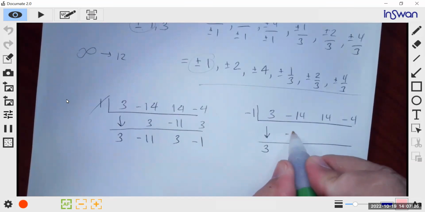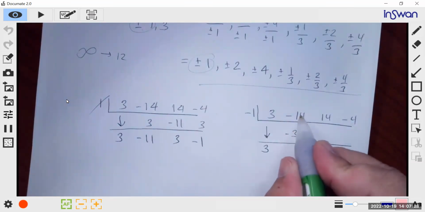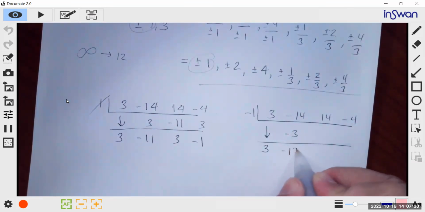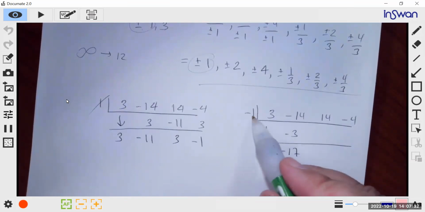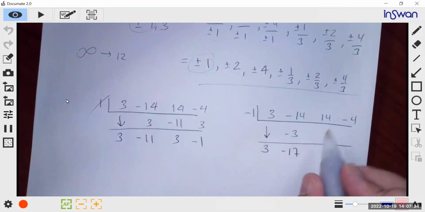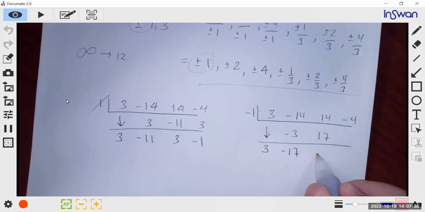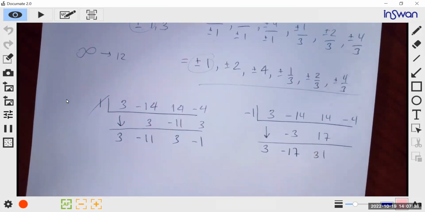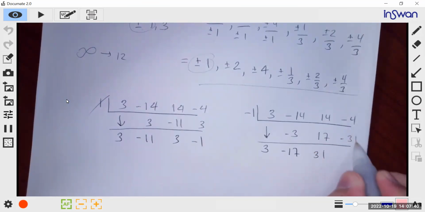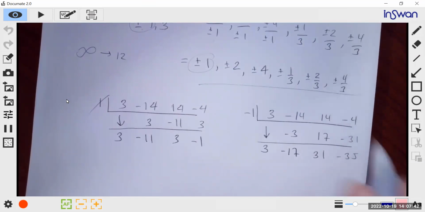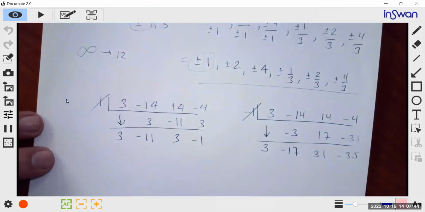Negative 1 times 3 is negative 3. Negative 14, negative 3 is negative 17. Negative 1 times negative 17 is positive 17. I'm going the wrong direction. So it's not either of those. So I try these two.